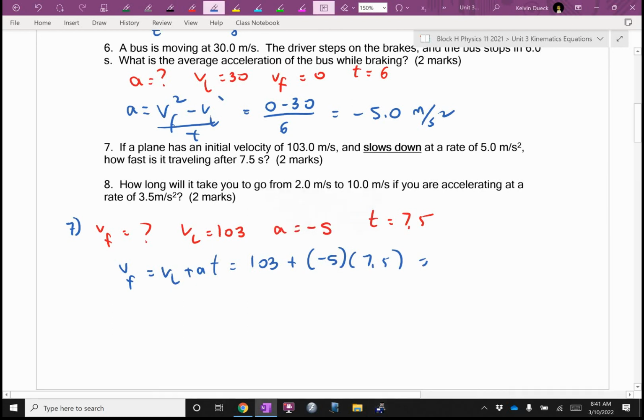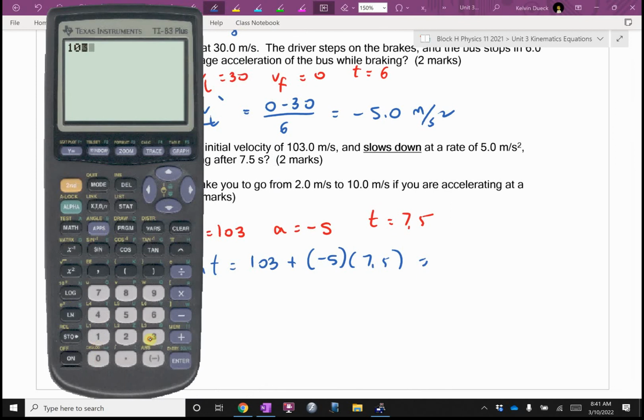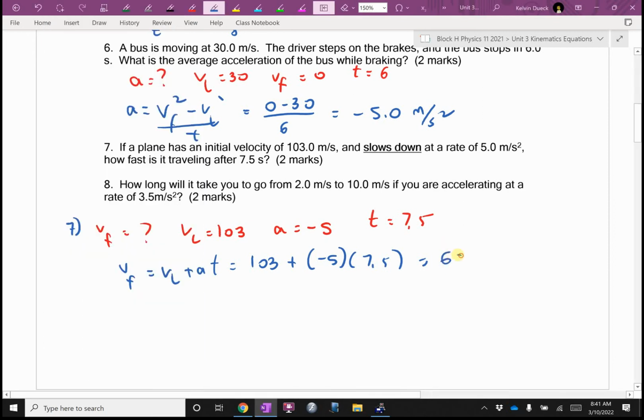This one I'll do on my calculator. 65.5. If you missed the slowdown and said 140.5, I would give you 1.5 out of 2. And this is meters per second. Starting to see why I said it was worth memorizing units? It really is.